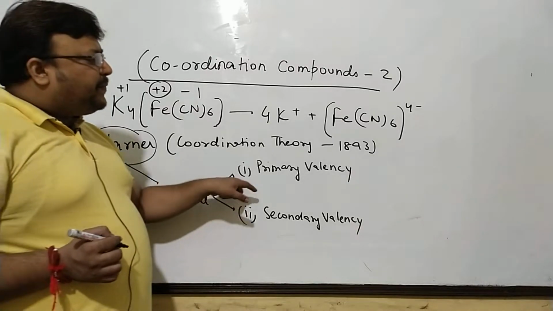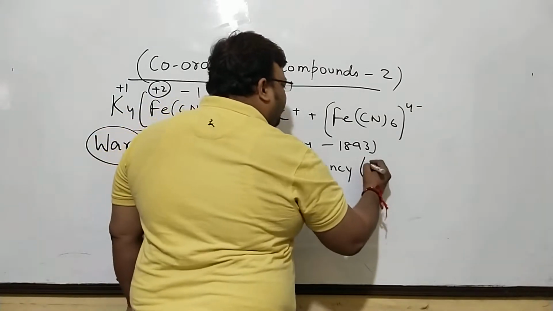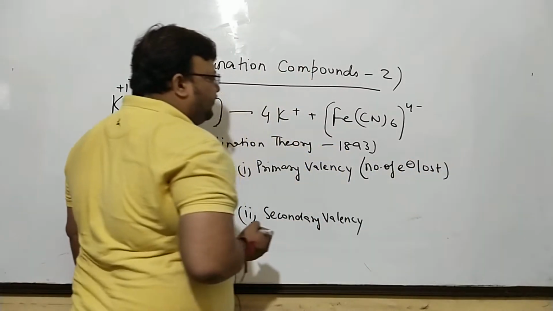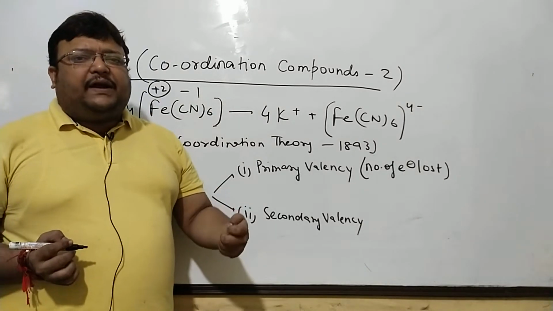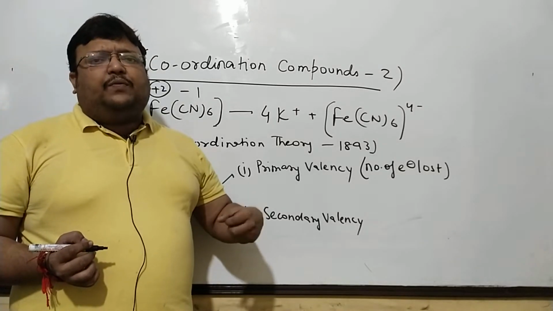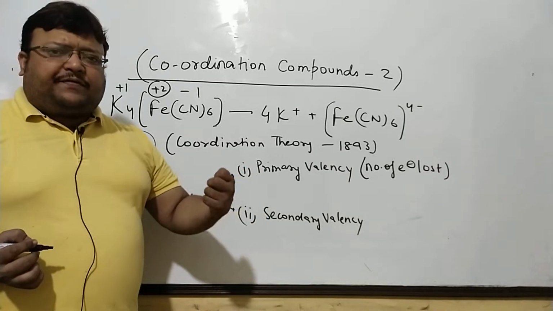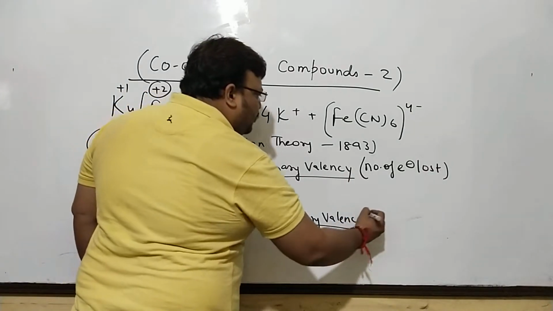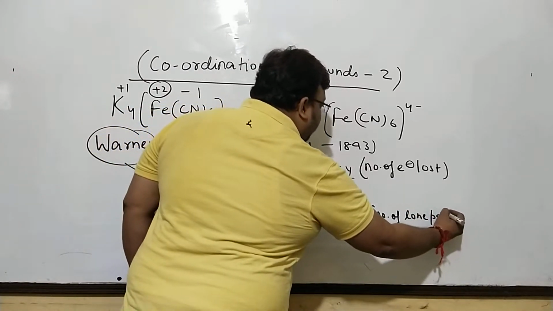The primary valency is what we are more used to. It is the number of electrons lost, which is the natural tendency of metals. Ferrous means 2 electrons gone, ferric 3 electrons gone, cuprous 1 electron gone, cupric 2 electrons gone. Secondary valency is the number of lone pairs accepted.